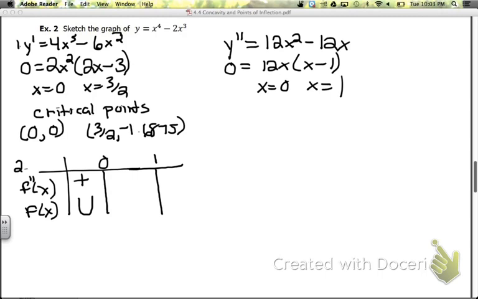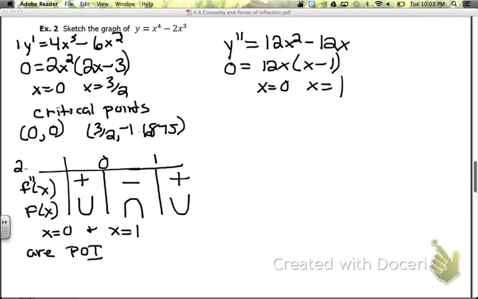Now if we take a value between 0 and 1, say 1/2, and sub it in here, we're going to get that it's negative, so this would be concave down. And if we sub in, say, 1.1 into our second derivative function, we're going to get that it's positive, and therefore it would be concave up. So x equals 0 and x equals 1 are points of inflection.